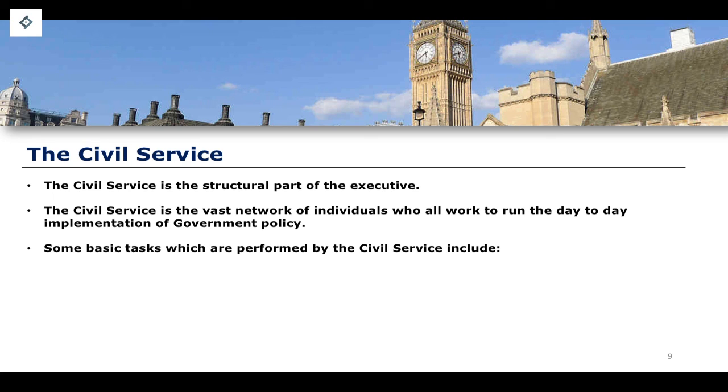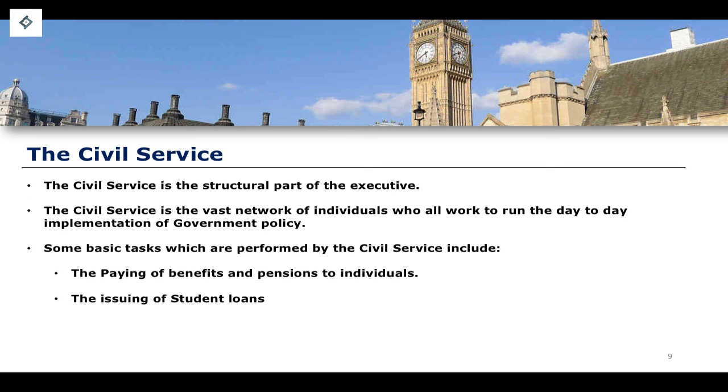So the civil service is responsible for a great variety of different tasks, from very high-level tasks such as contributing to the drafting and creation of legislation, to smaller tasks such as the paying of benefits and pensions or the issuing of student loans.